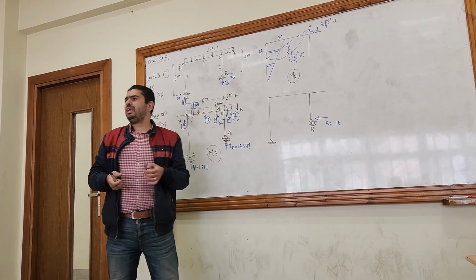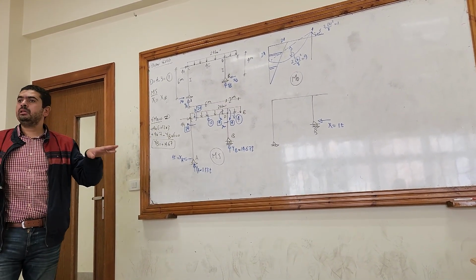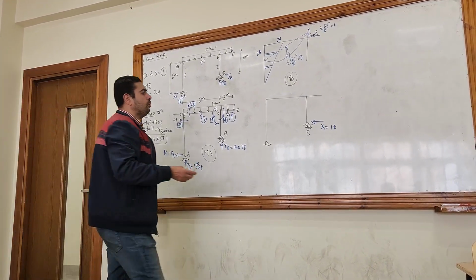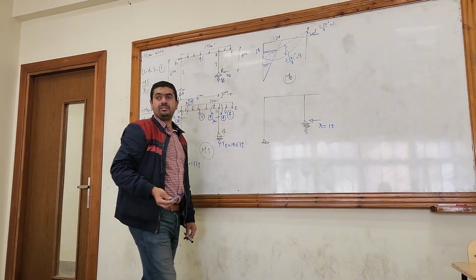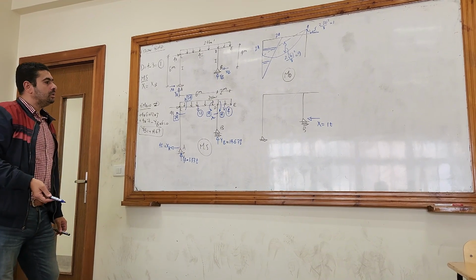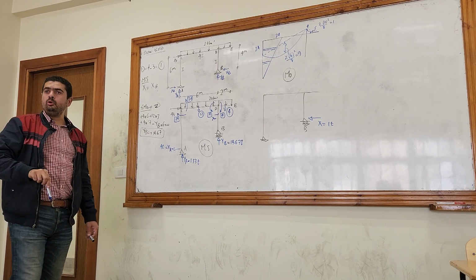I don't know the direction, so I make an assumption: the direction is to the left. So here I assume that my redundant x is 1 ton. I don't know the real value. And then I will calculate reactions one more time and then draw moment again.